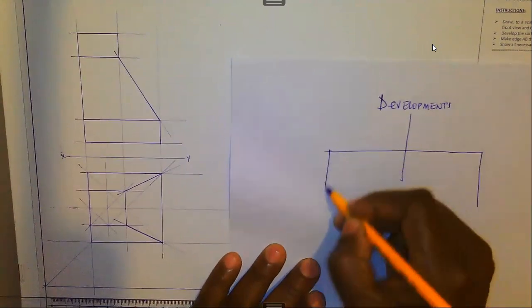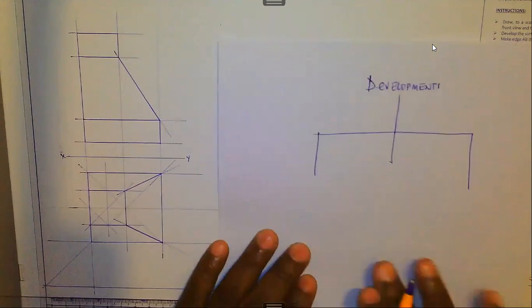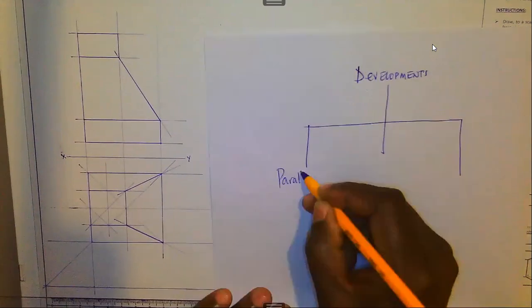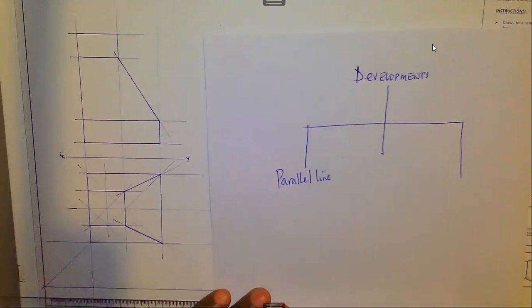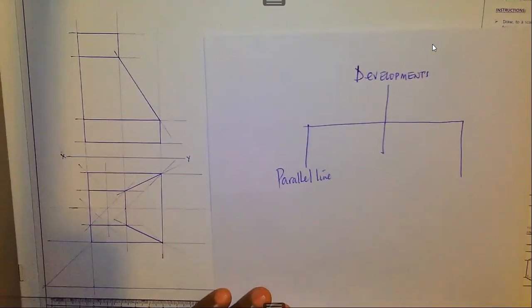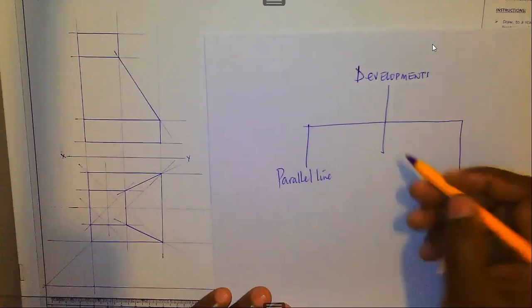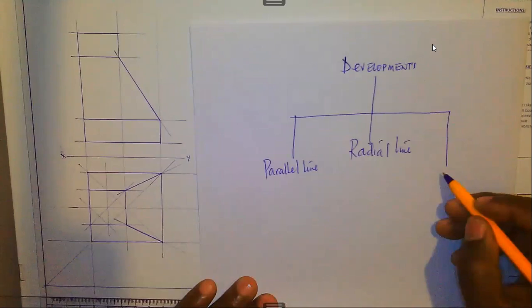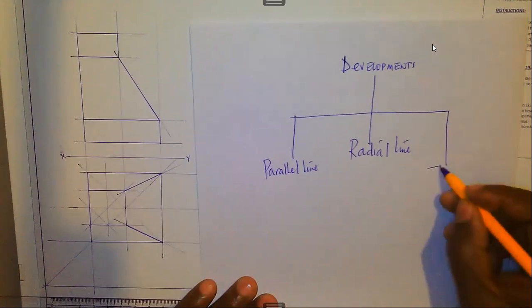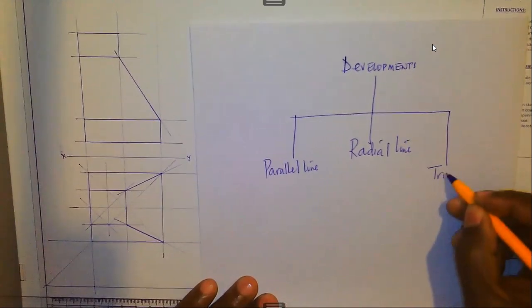The first one, like I said, is known as parallel line methods. The second one is called radial line methods. Last but not least, it's triangulation, which is our focus today.